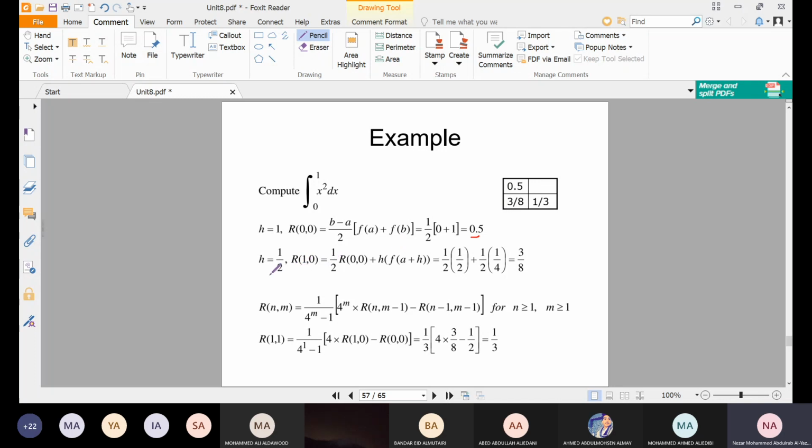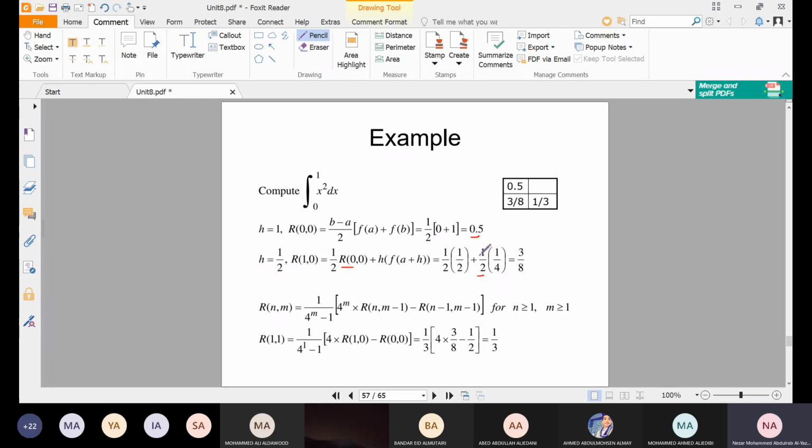R10, when we use half of h. Here we use half of the value of h, so we try to compute the value. We have here half multiplied by R00. So h here is 1, so the next step h will be half of h, or h2 is half of h1.